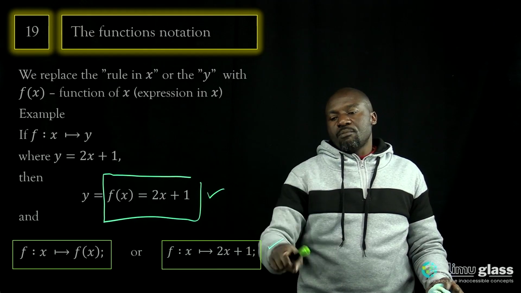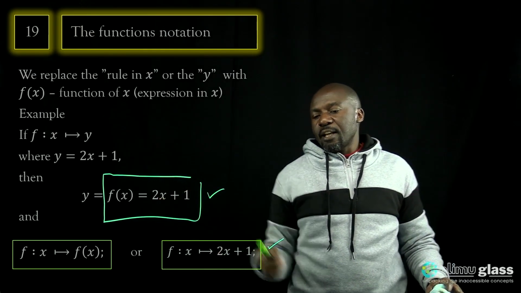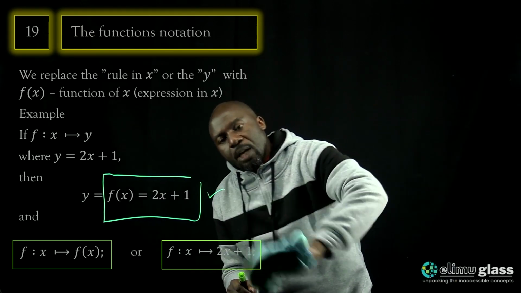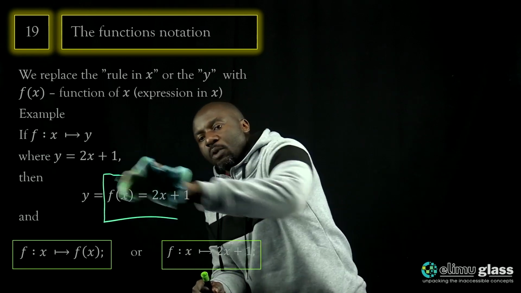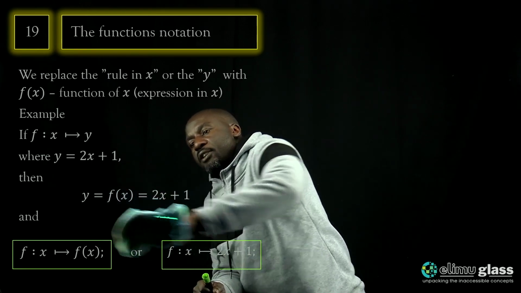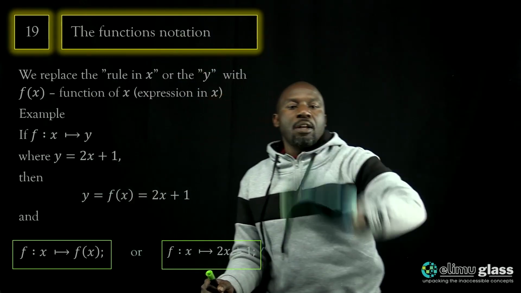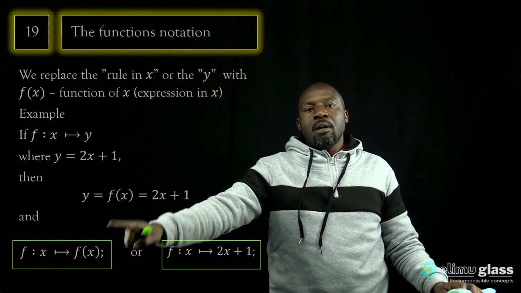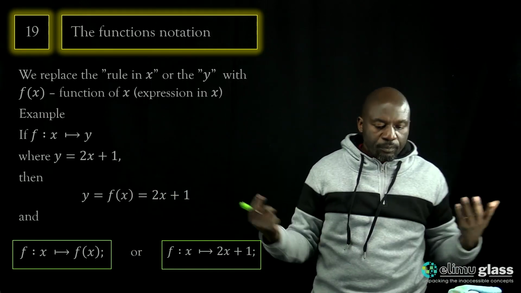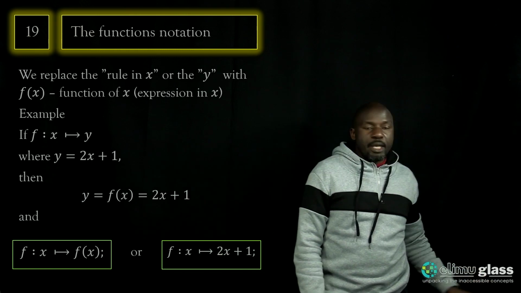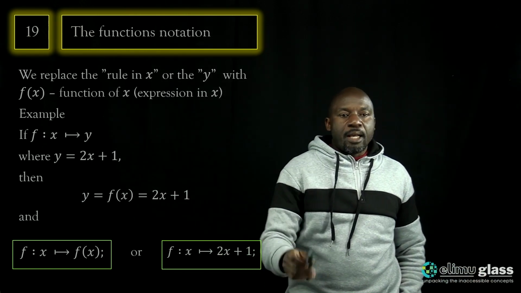So this is more communicative, but we are now used to writing it like this, which is still fine. Either way, we will all be happy. So you have known the function notation for a very long time. If you knew how to write this, then you are already writing using function notation. All right, let's move on.